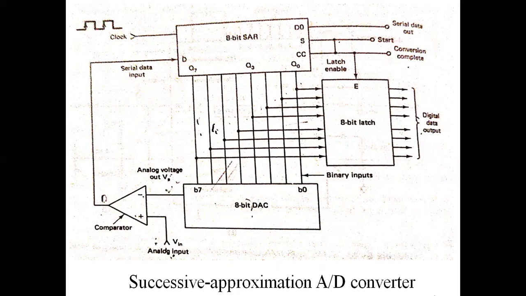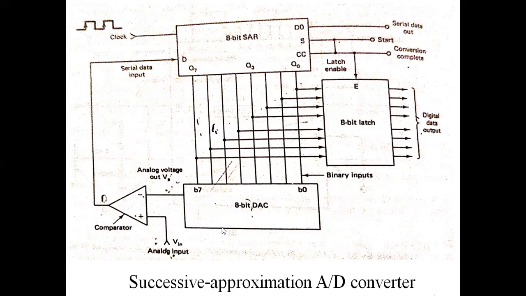Since we are using 8 bits, it is called the 8-bit successive approximation method. The 8-bit successive approximation register has its output applied to an 8-bit DAC, that is, a digital to analog converter.